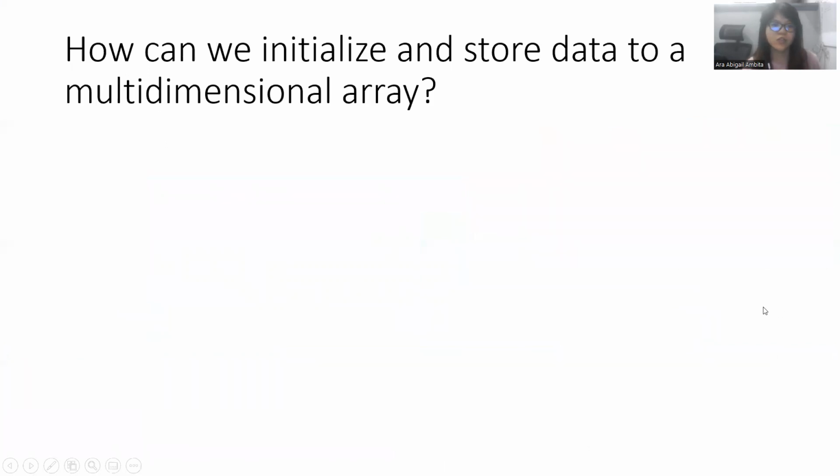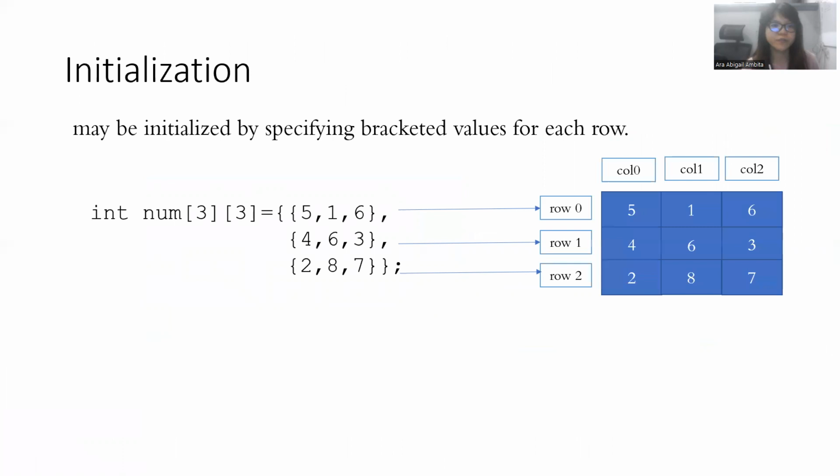Okay, so now how can we initialize and store data in a multidimensional array? It may be initialized by specifying bracketed values for each row. So for example, we have an array num with data type integer and sizes 3 and 3.